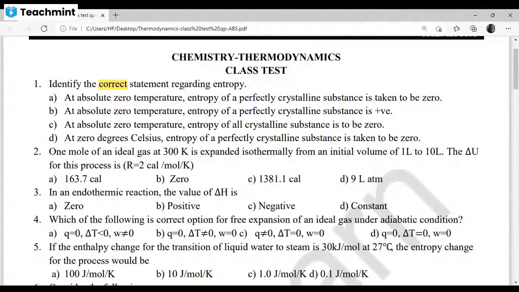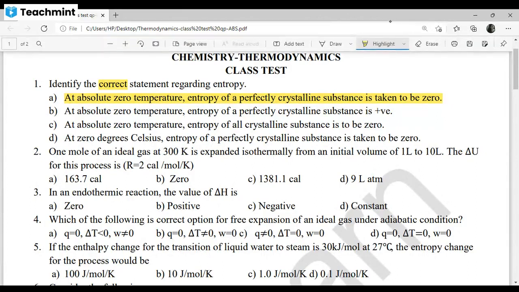It is according to which law? It is according to the third law of thermodynamics. That is, at absolute zero temperature, entropy of perfectly crystalline substance is taken to be zero, which is the right answer.